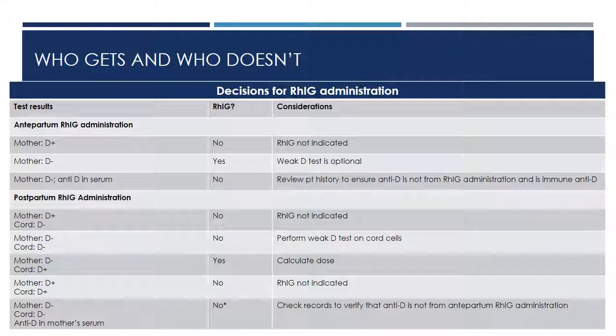Remember, if your hospital does weak D testing, even if she's weak D positive, we still treat her as if she's D negative, because of the risk of producing an anti-D. If, however, she's already produced an anti-D, no, RhoGAM's not going to help.